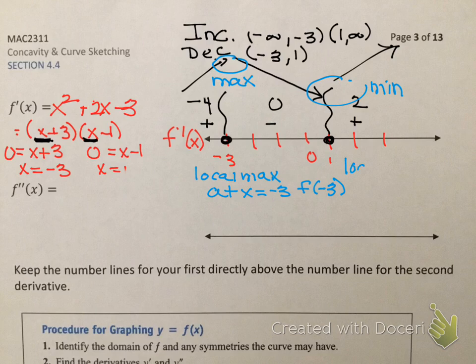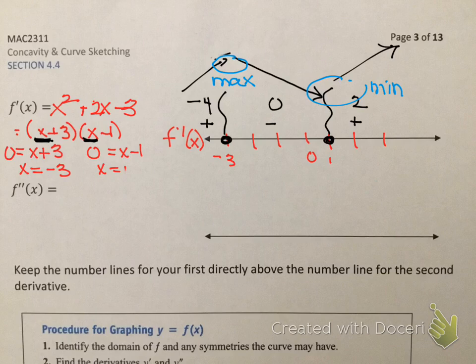Here I have a local min whose x value is 1, and if I want to find the y value, I would do f of 1. Let's move on to our second derivative. Here was my first derivative, so my second derivative is 2x plus 2.